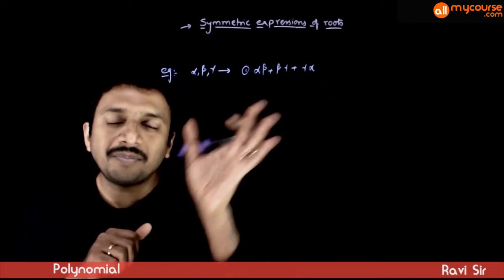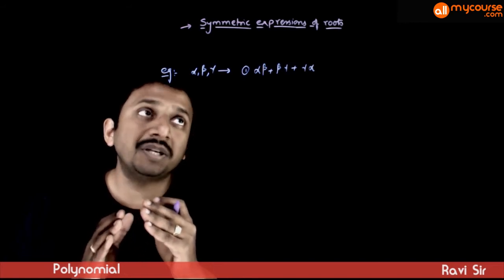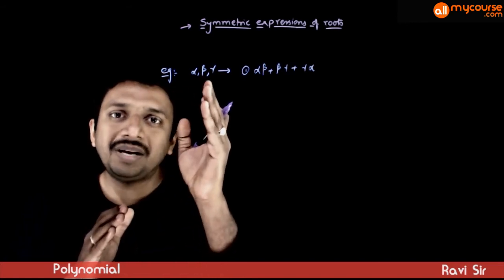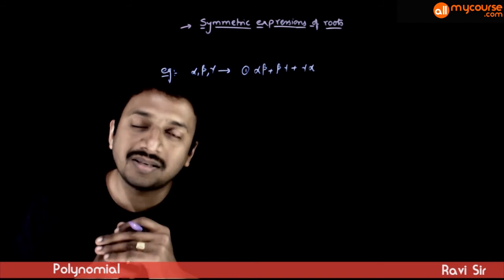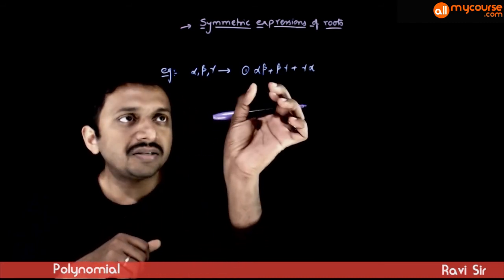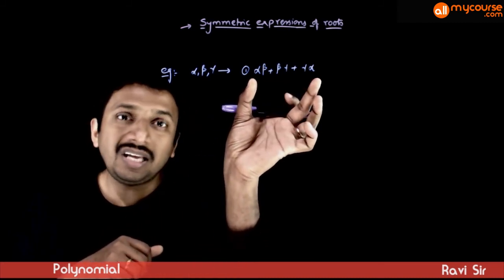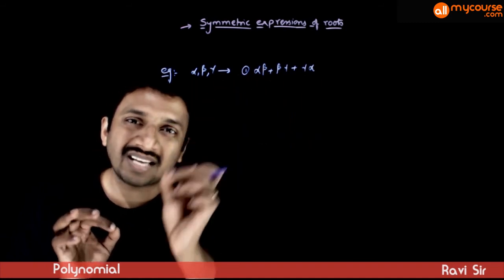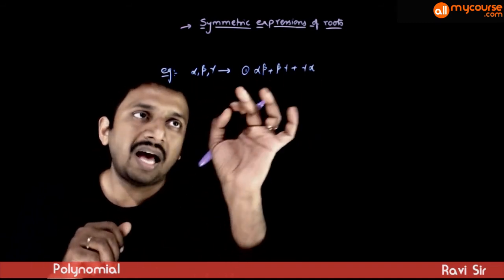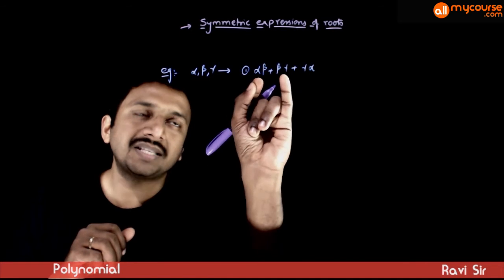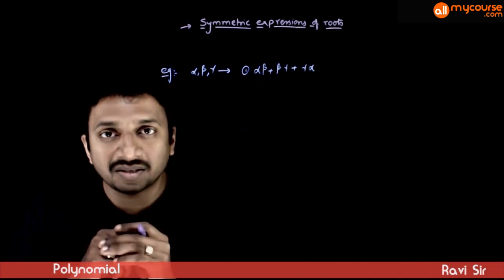So this is an example of a symmetric expression of alpha, beta and gamma. So why is it called so? Because in this expression, each of these roots have exactly the same importance. Alpha is occurring twice, beta is occurring twice, gamma is occurring twice.